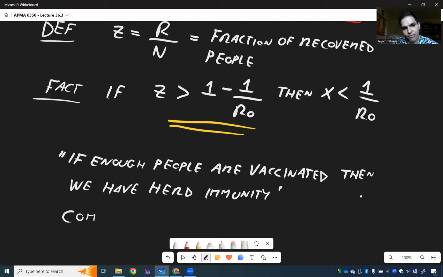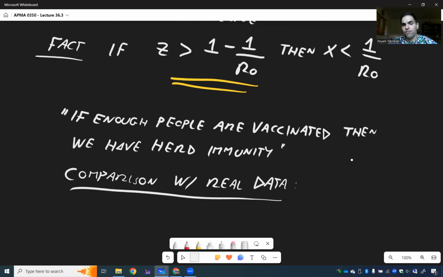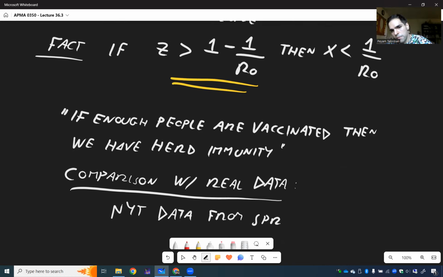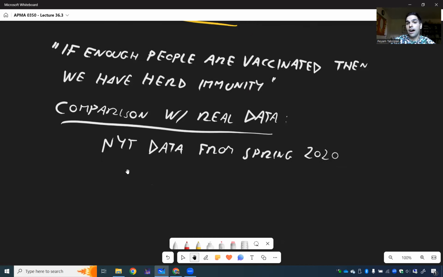So let's compare this with real data. I got this info from the New York Times, data from spring 2020, which estimates that a sick person infects 3.8 people on average.